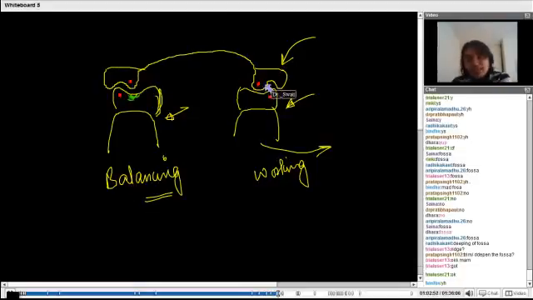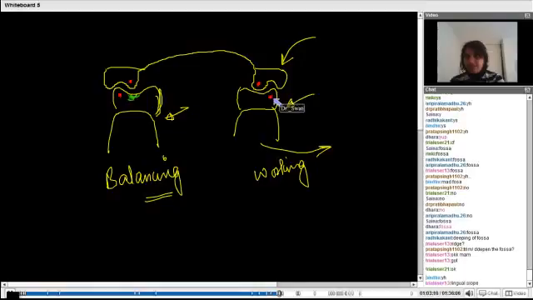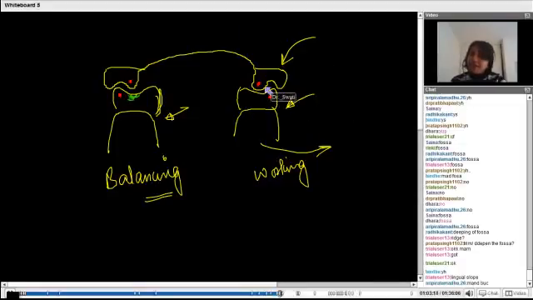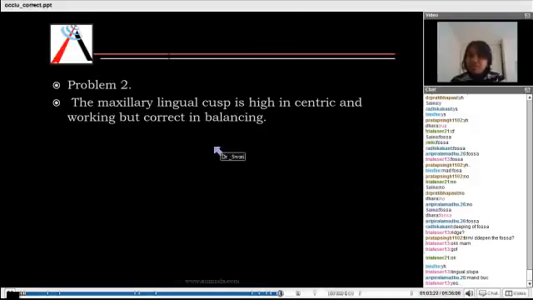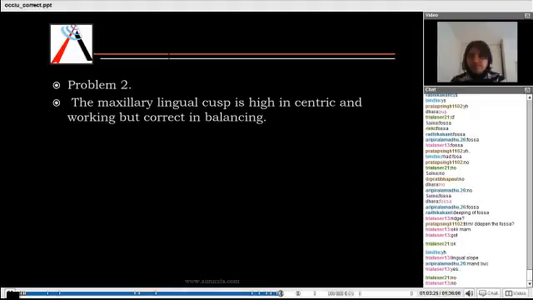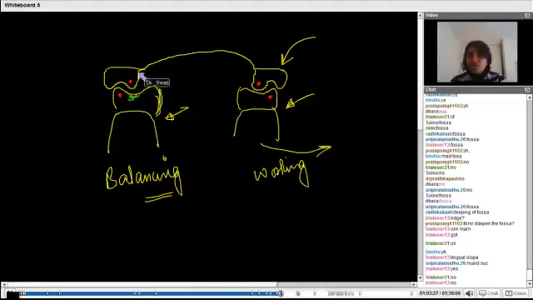So when we talk about the working side, where it contacts, this will go on this side, on your right, it will contact the mandibular buccal on the working side. Yeah, but what is the cusp it will contact? The mandibular buccal. But was the working side a problem? Was the working side a problem? No, the working side was not a problem.